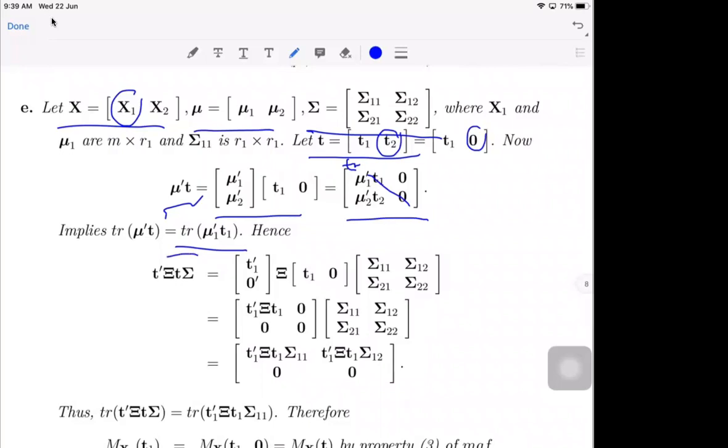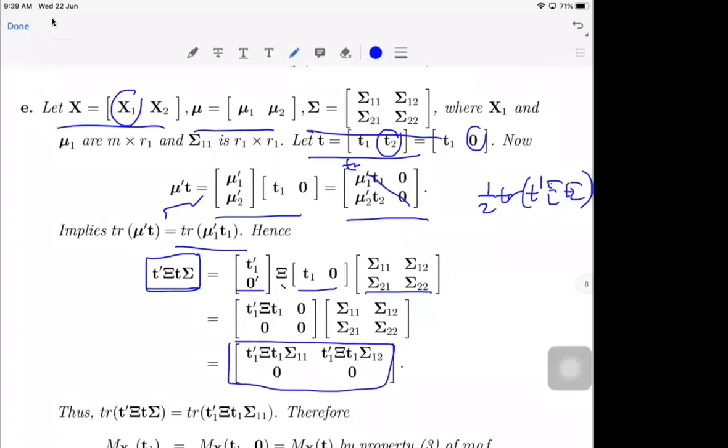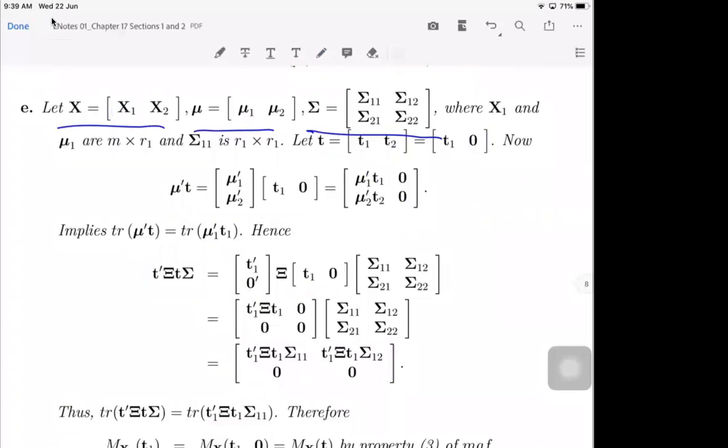And also we look at this term, which is the 1/2 trace of t prime psi t sigma. So what does it look like? We just multiply t prime psi t sigma, and you will have this, and then you get the trace of that. So the trace is the sum of the diagonal. So the trace will be equal to that.